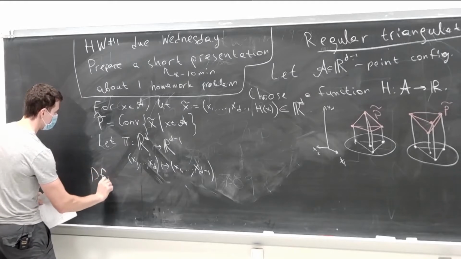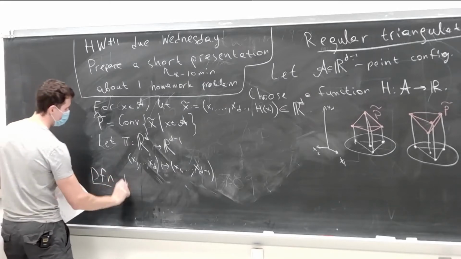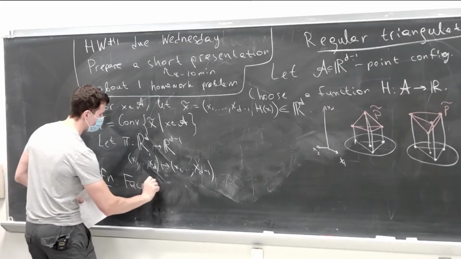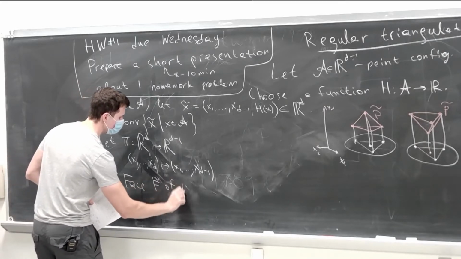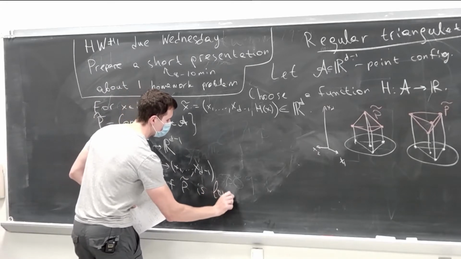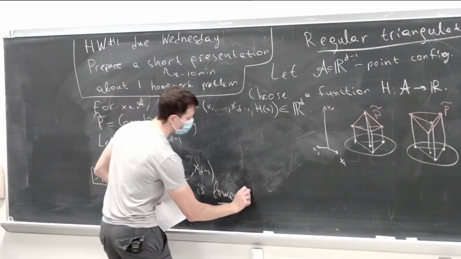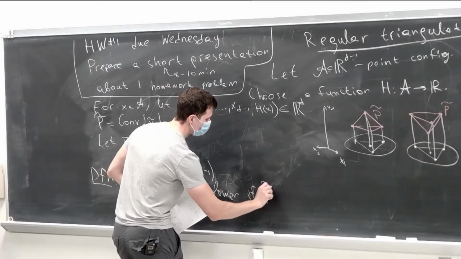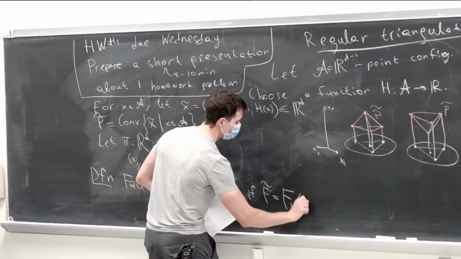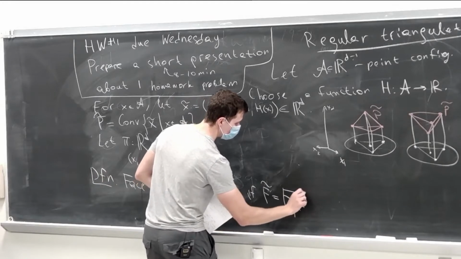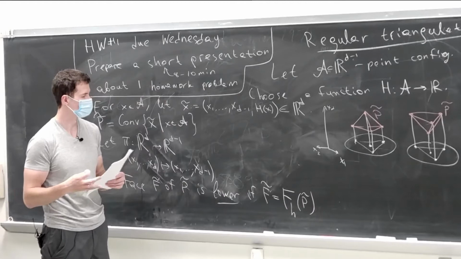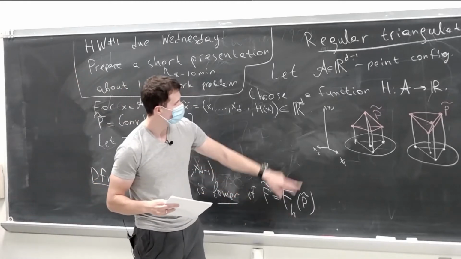So, definition: a face f tilde is called a lower face if f tilde is, remember we had this notation f sub h of P tilde, where h is some vector in R to the d.